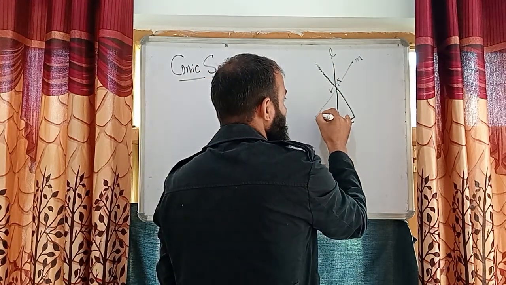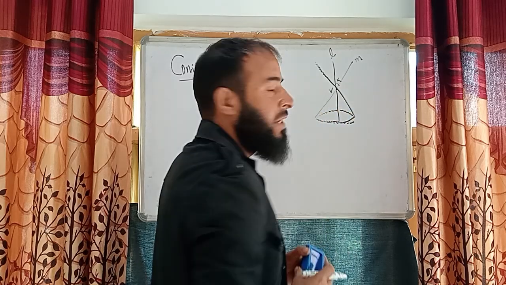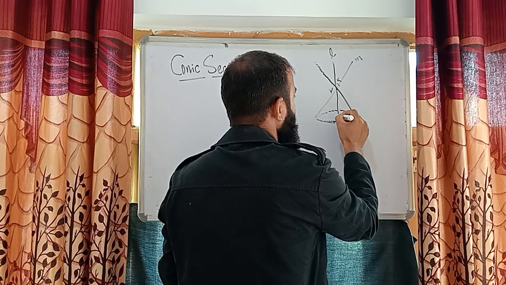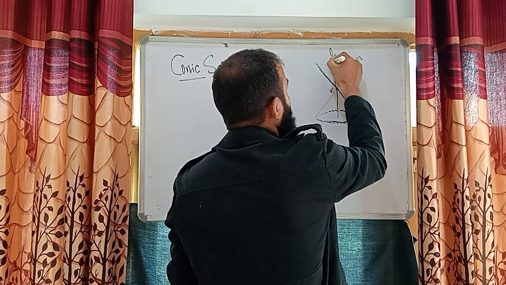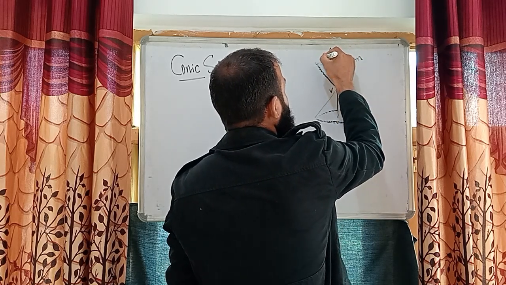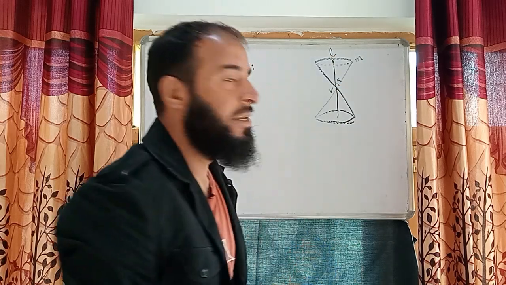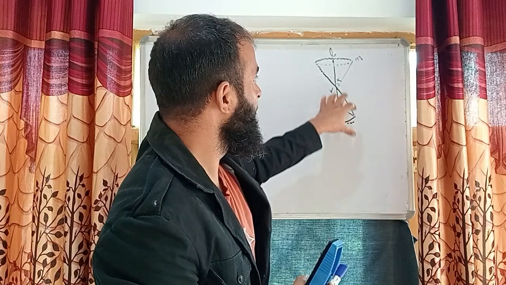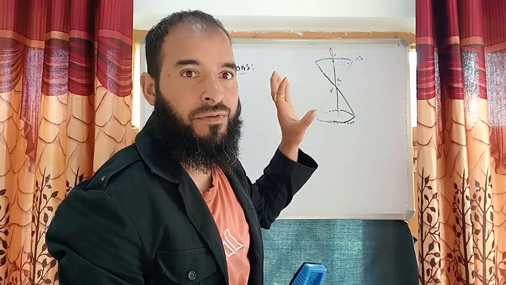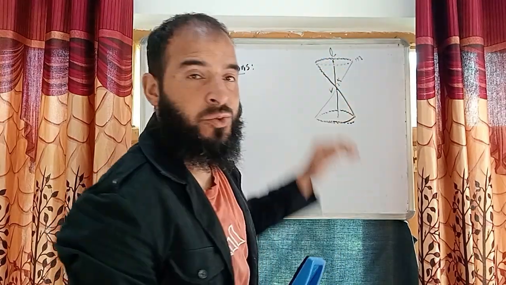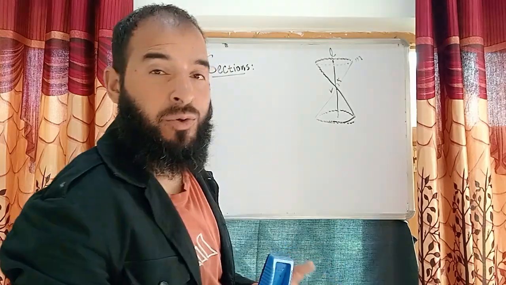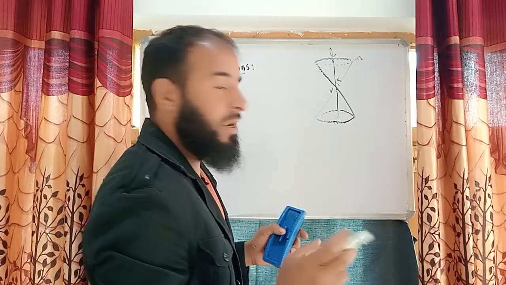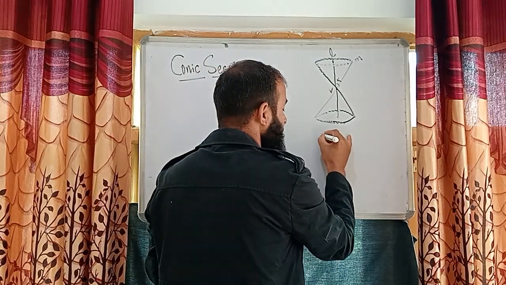So it will form a path like this, and also it will trace a path like this. So from this, we get this type of a shape, and this is known as a double-napped cone.